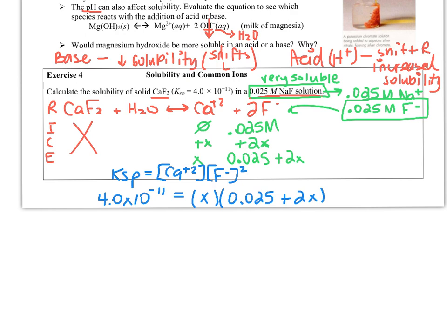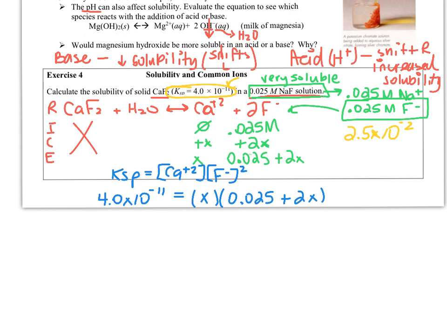But here's essentially what I'm going to point out to you, and hopefully this will make sense. When I look at this KSP value, negative 11 is really tiny. So that means there is hardly any change in concentration for those ions, we're talking point, whatever, 10 zeros and a 1. So when I start with 0.025, keep in mind this is 2.5 times 10 to the negative 2, and 10 to the negative 11 is a huge difference in concentrations.